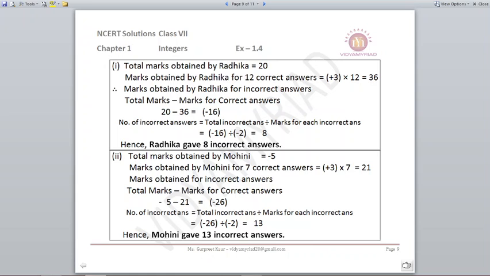Total marks minus 5, minus the correct answers' 21, gives minus 26. Now how many will be the incorrect answers? Minus 26 divided by the marks for each incorrect answer, that is minus 2, gives 13. So Mohini wrote 13 incorrect answers. That is why she got only minus 5 as total marks.